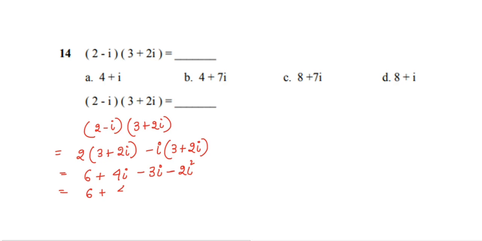See, minus minus is plus, so it can be written as 1i or simply i, and it will become 2 minus 1. Then solving this side, it will become 6 plus i plus 2. 6 plus 2 is 8 plus i will be our answer. Means option D is correct.